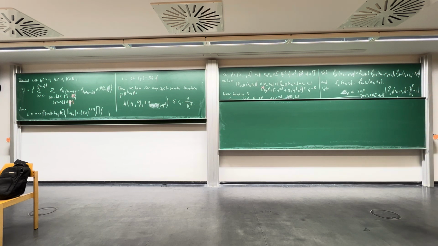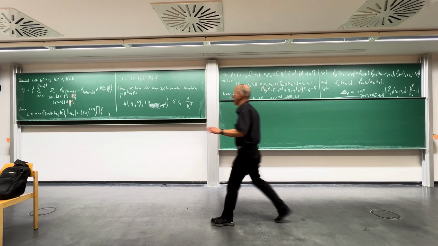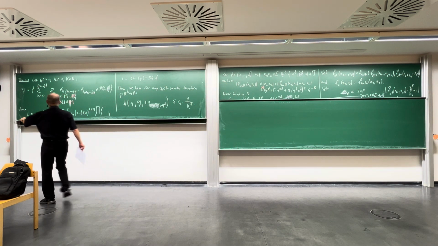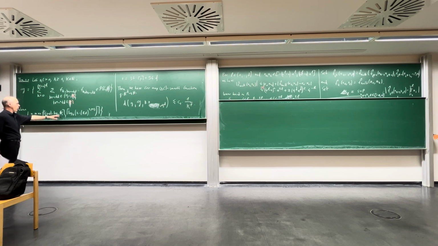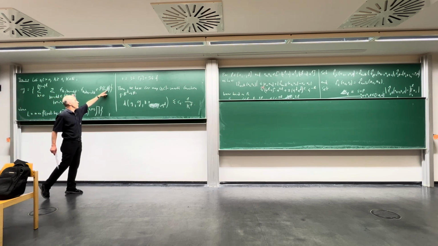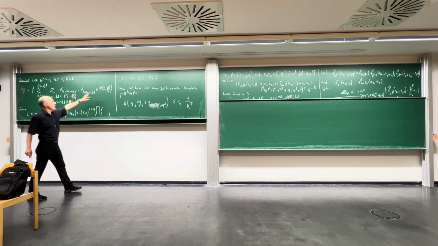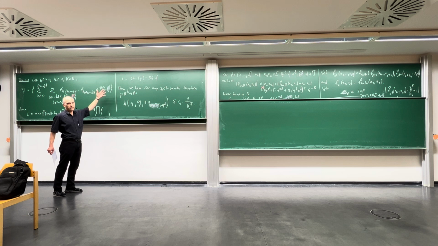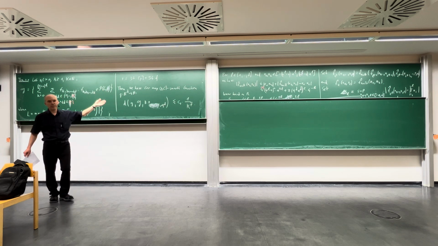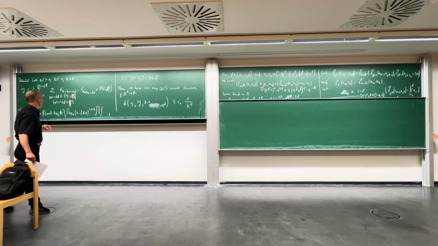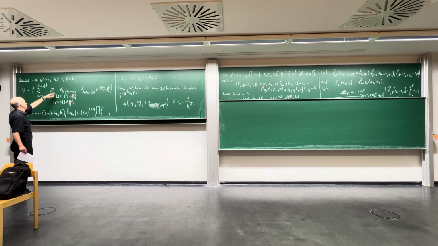And is this good? Well, if you look at this, the L is basically log k, the depth, and the width is a constant. And then, how many weights do you have here? Basically a constant times the depth, so log k many, and you have basically k to the d many of them.